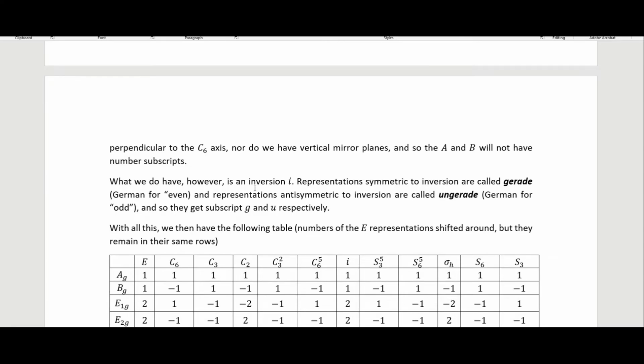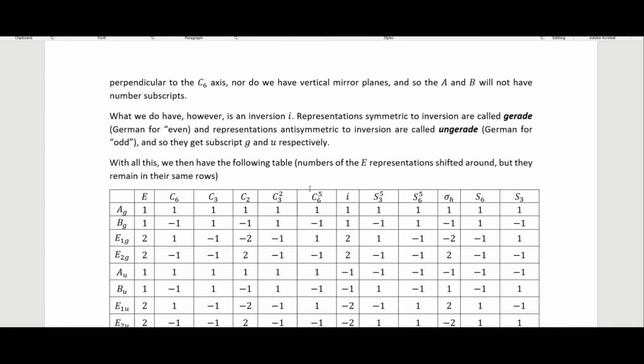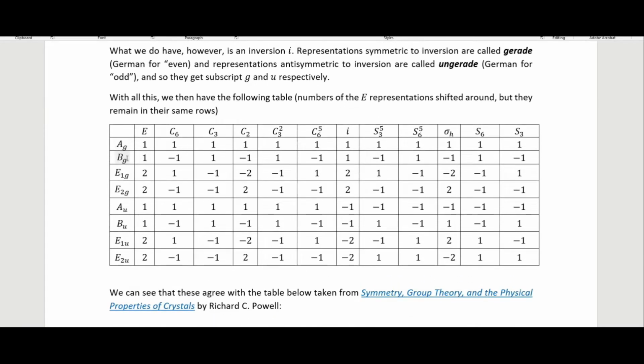What we do have, however, is the inversion, as I said. And so the G means gerade, and the U means ungerade, which are German for even and odd respectively. And so G just means that it is symmetric with inversion, and the U means that it is anti-symmetric with inversion.